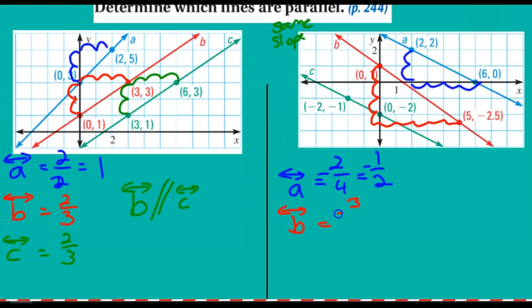So down negative 3.5 over 5. And then line C has a slope of negative 1 over 1, 2, so negative 1/2. So I see that A and C are the same. That means that line A is parallel with line C.